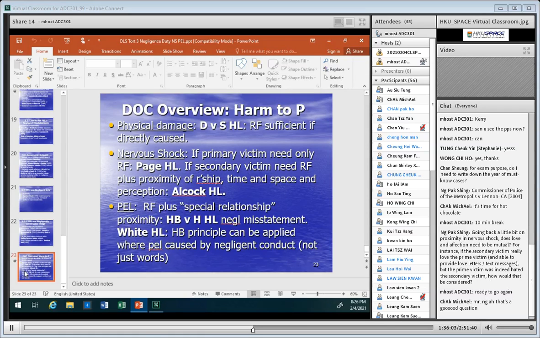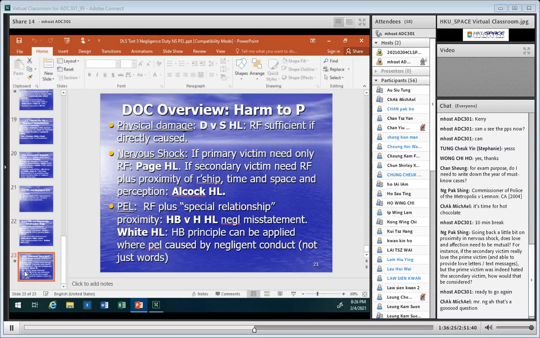Well, first thing you would do in your answer is write down the elements of negligence, and then you would have a heading duty of care, just say clearly a duty of care is owed, Donoghue and Stevenson, House of Lords, that's it, full stop. You don't need to go into further analysis. If it's directly caused physical damage, that's it, okay?